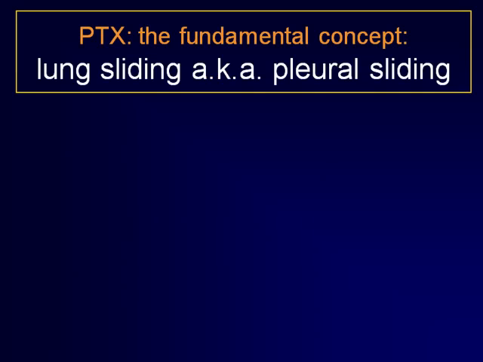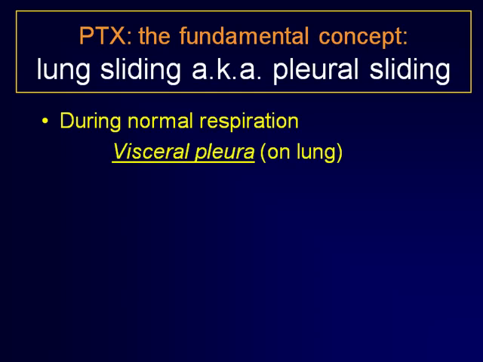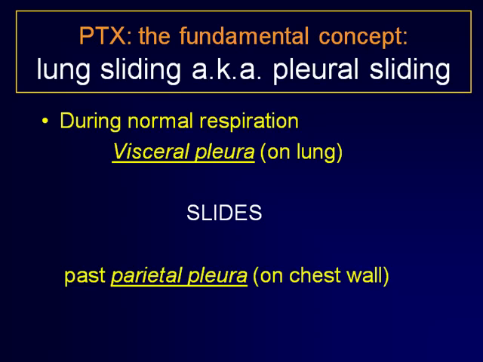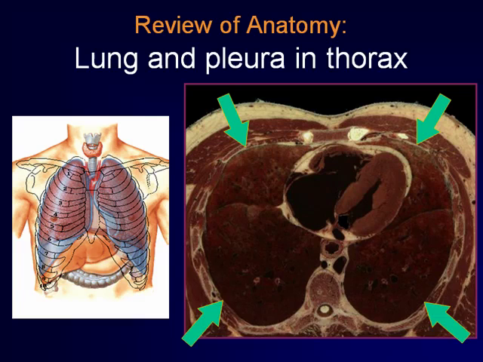The fundamental concept in pneumothorax is that of lung sliding, also known as pleural sliding, and this basic concept is that the ultrasound can identify the two layers of the pleura moving with respect to one another. And so this is a simple assessment of the basic physiological fact that during normal respiration the visceral pleura, which are actually stuck to the lung, are sliding with respect to the parietal pleura, which are stuck to the chest wall.